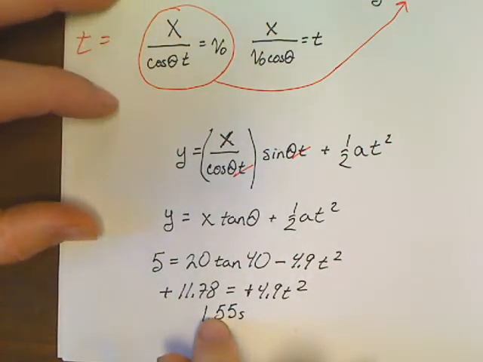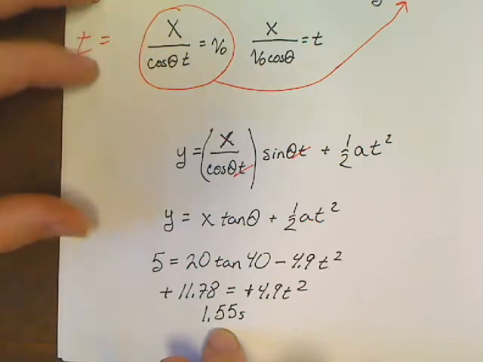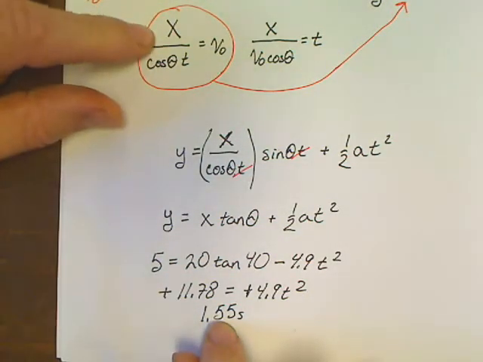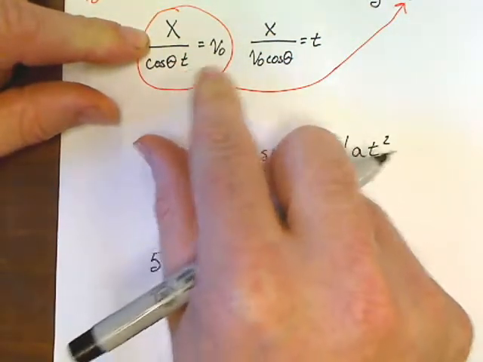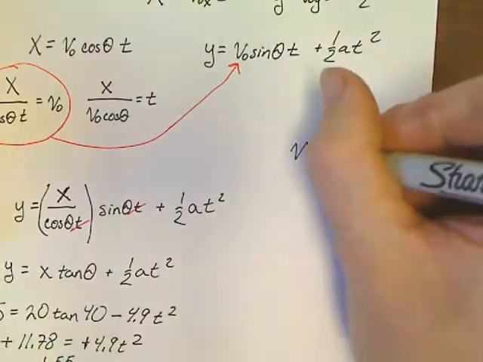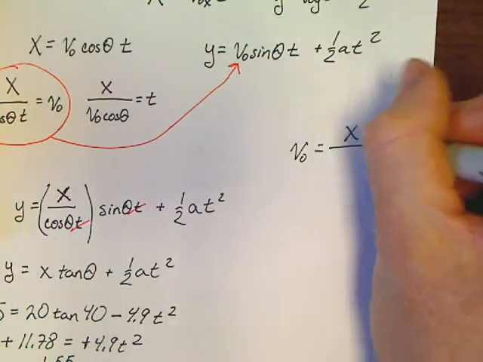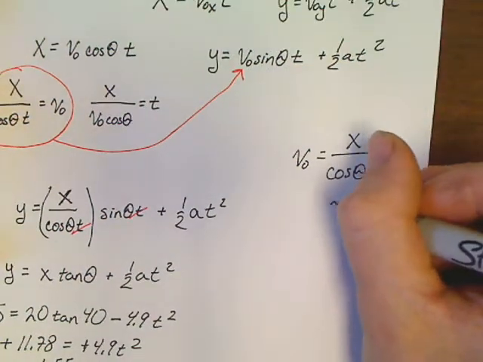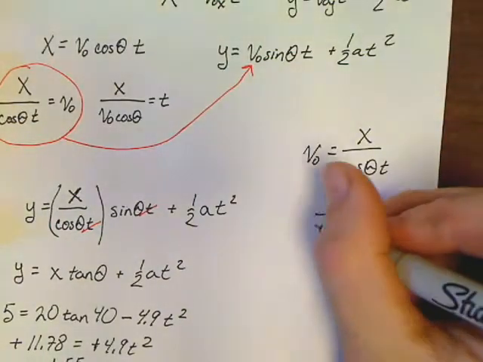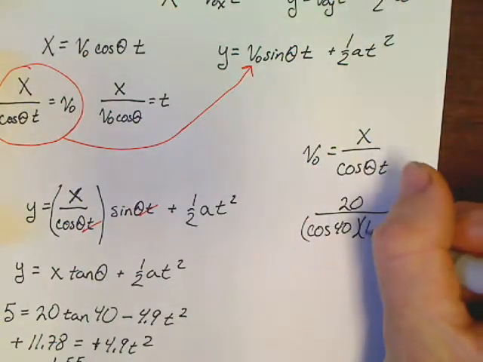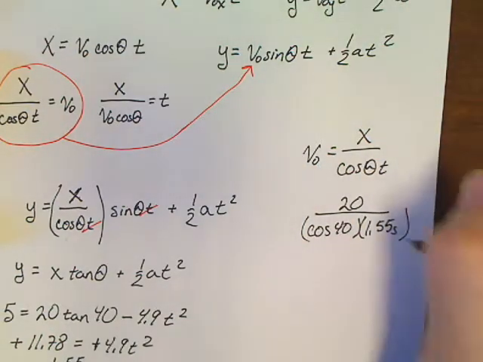It's just this problem asks you to find V0, not t. But the thing is, once we have time, it's very easy to go back to here and find V0. So we know that V0 was equal to x over cosine theta t. So this would end up being 20, my x value, over cosine of 40, the angle, times 1.55 seconds.